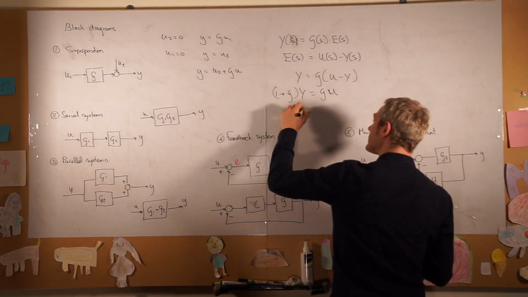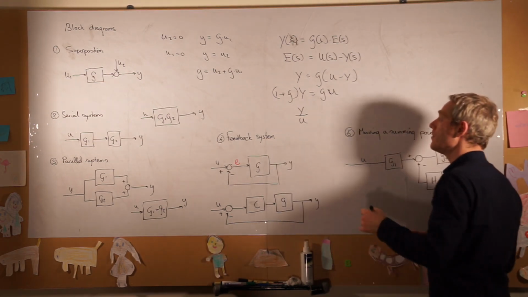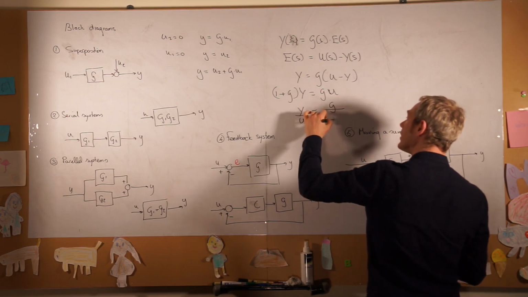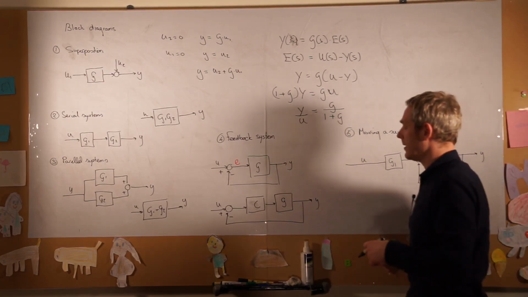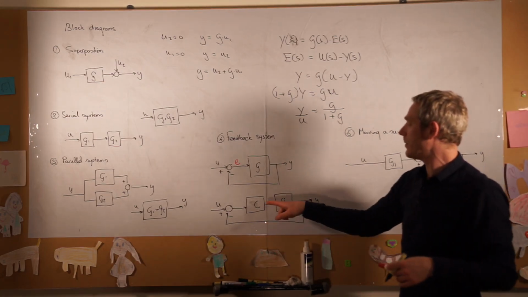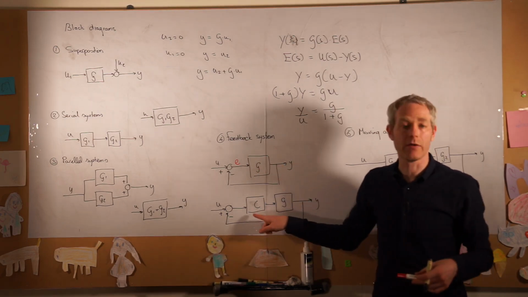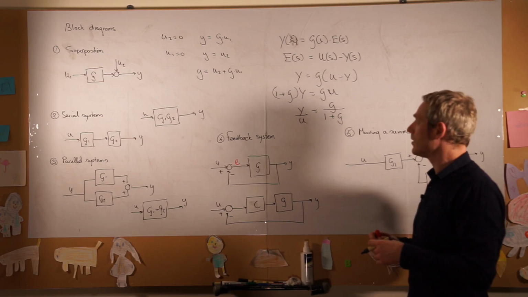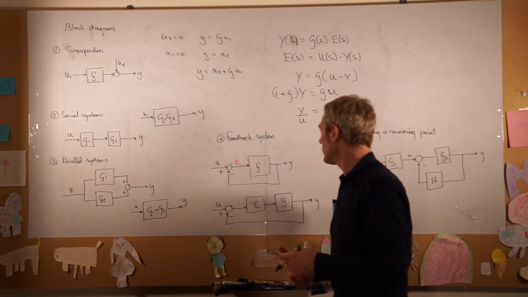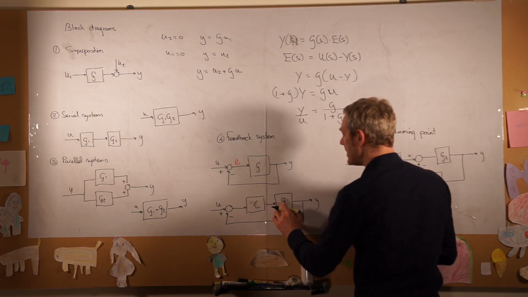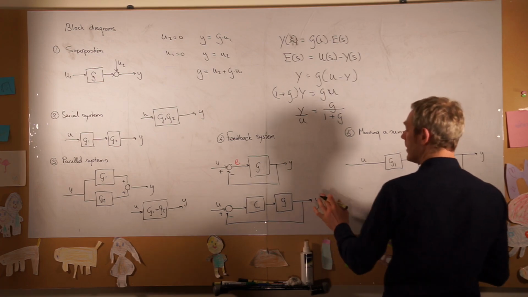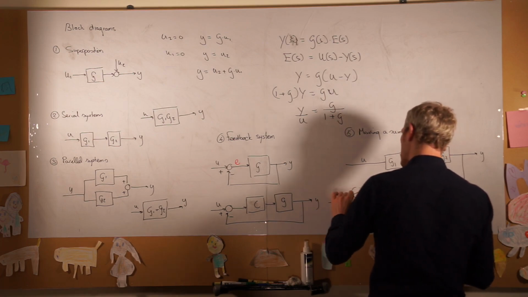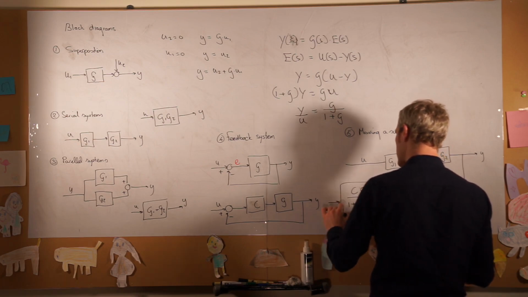So the transfer function, the output over the input, is G over 1 plus G. In the same way, if we have a system where we don't have simply unity feedback but also a controller, we can take the rule that we first multiply these two with each other, so we get C and G, and the transfer function here will be CG over 1 plus C times G.